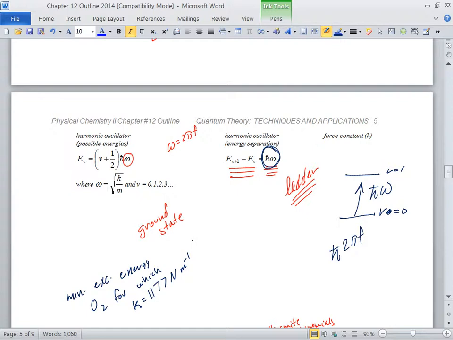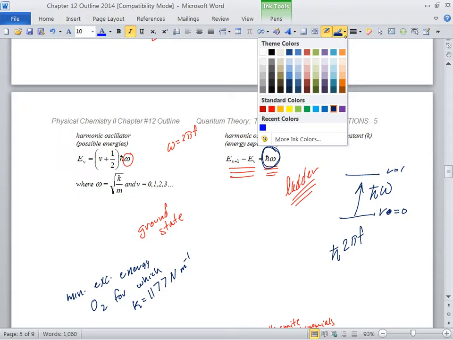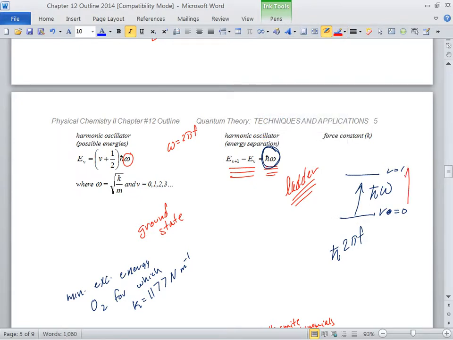It's the same idea: you want to go from V equals 0 all the way up to V equals 1. So it's h bar omega, except they didn't tell us what the hertz were. They told us K. Can you get omega if you know K? Yes, except we're just missing the mass. This is the trick.